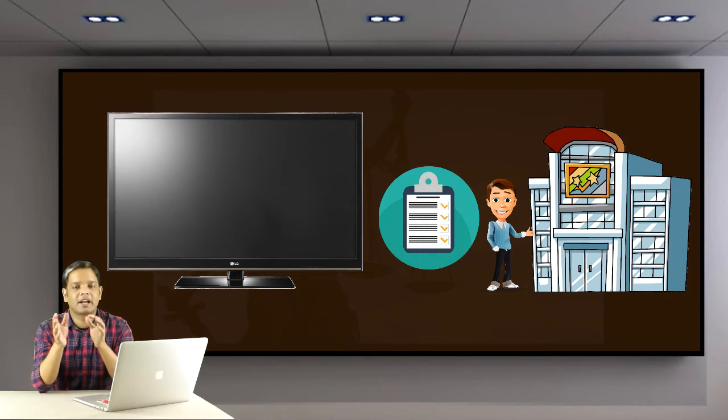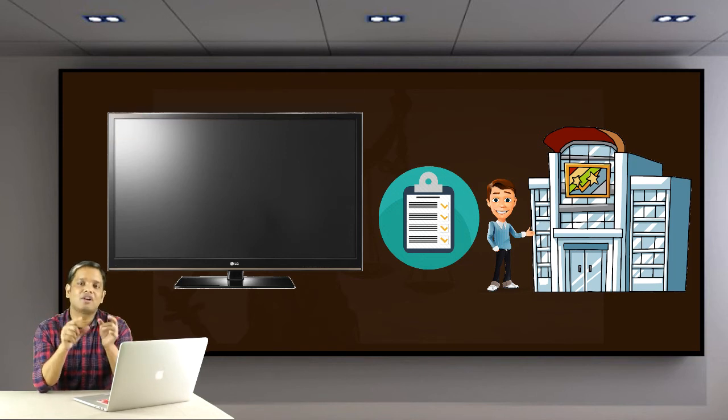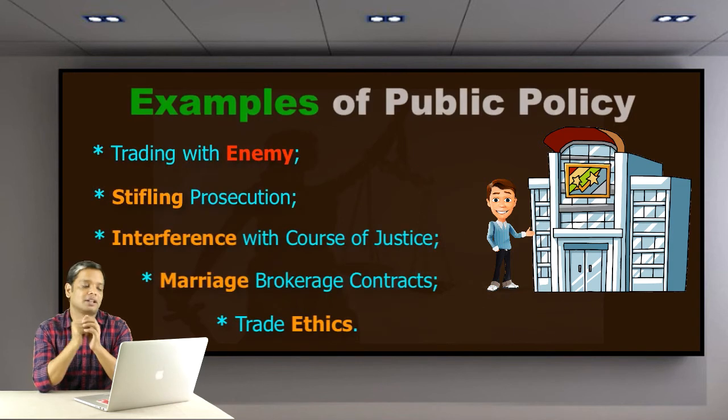The shopkeeper cannot do this, and once you file a suit against him, he needs to pay the full money, not half. Those types of terms and conditions which are against ethics are not permitted by law. So that is trade ethics, which is against public policy.